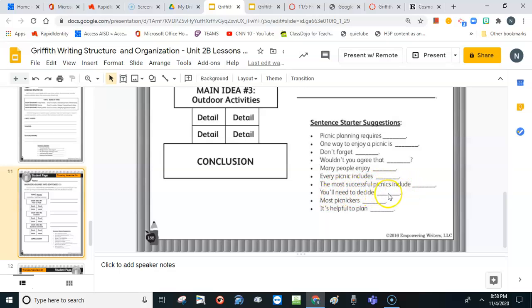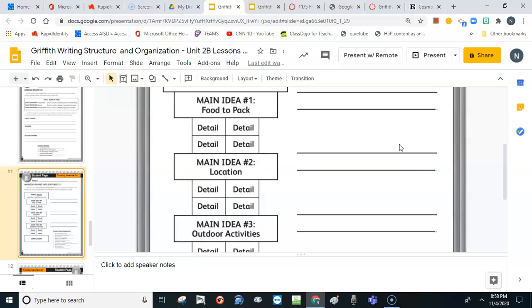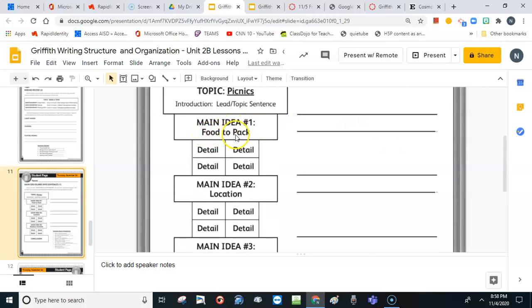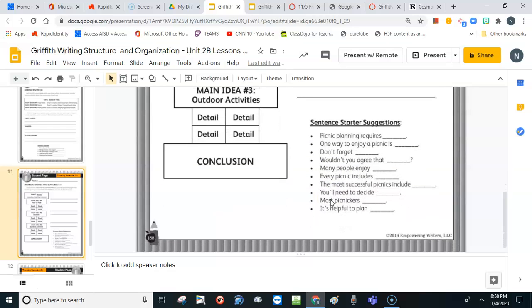You'll need to decide. Most picnickers. It's helpful to plan. So which one of these do you think would be a good sentence starter when we're talking about food to pack to go on a picnic? And so you're going to pick one of these, and then we're going to develop it into a complete sentence.